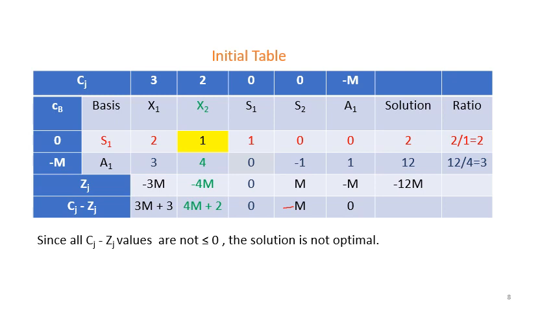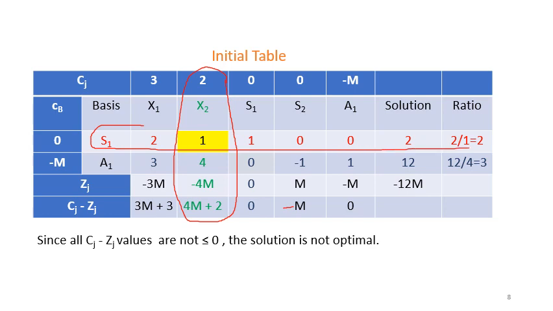That is why you have selected the key column, and based on the ratios you have seen the key row, and this now becomes your key element, the pivot element.